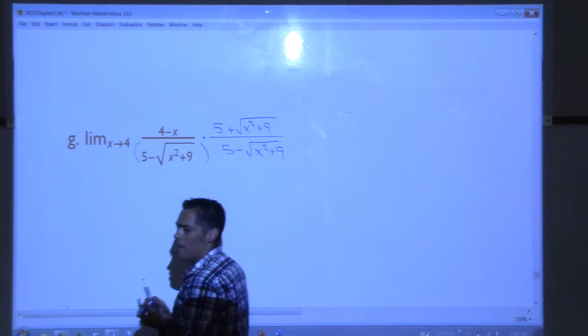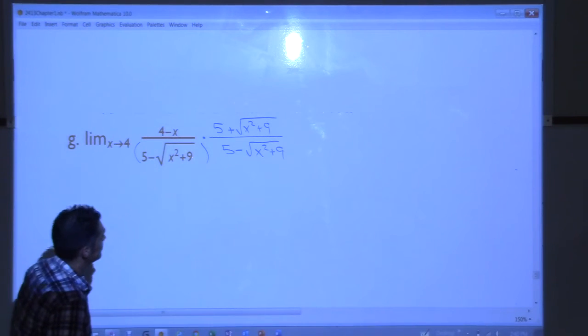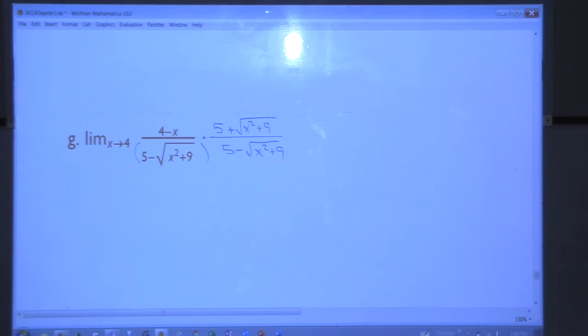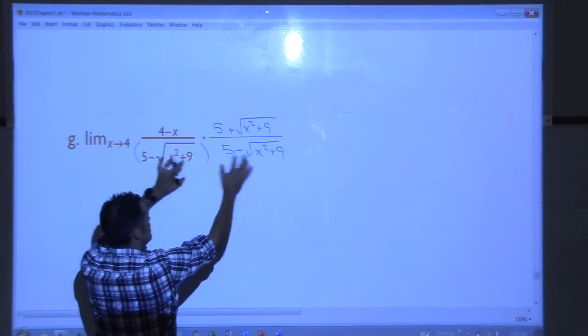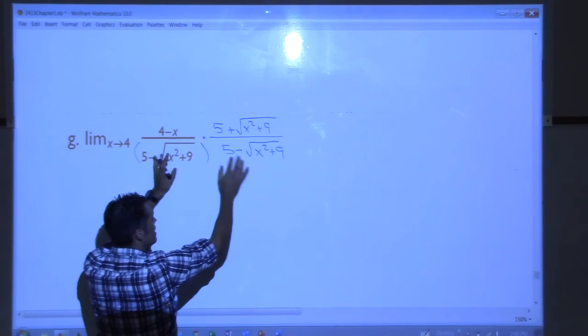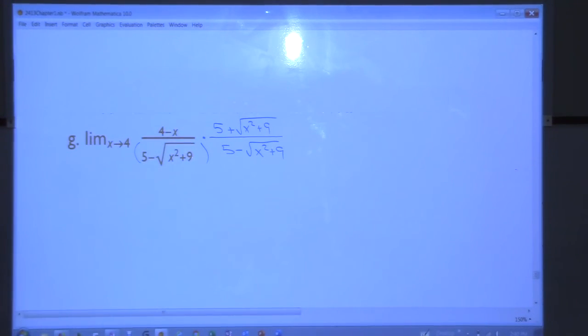I'll let you finish that one yourself because we're out of time. No, I'm not going to collect it or anything, but if you multiply that out, I would leave the numerator alone. Put these together, lots of things are going to cancel, and you should get something to go away, all right? So that conjugate is pretty helpful, isn't it? We've used it on several problems.